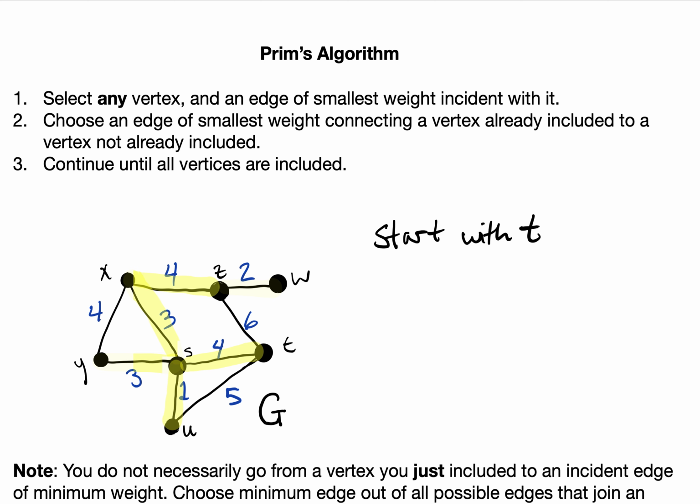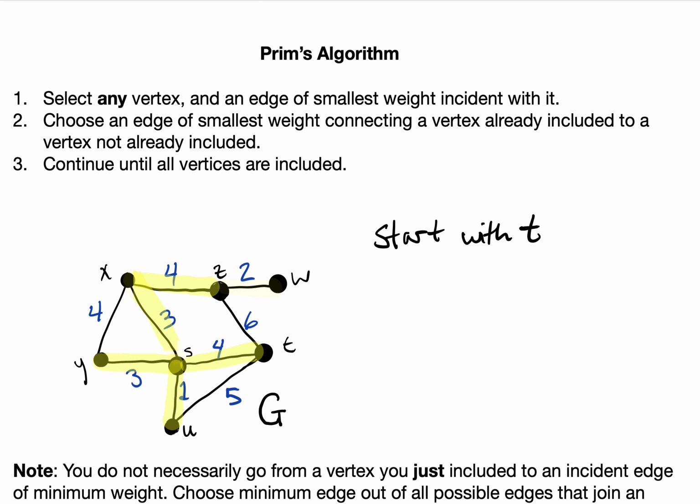I could either choose the edge SY or the edge SX. It doesn't matter which one I choose. Let's do SY. And again, one of the vertices I've already included, any of the vertices that's highlighted in yellow, connecting by an edge to any vertex that's not yet highlighted. So I could connect these two.